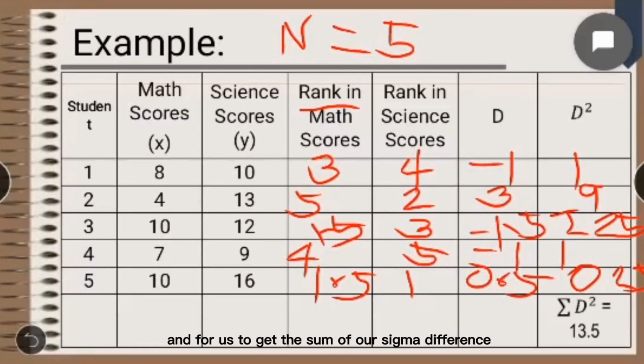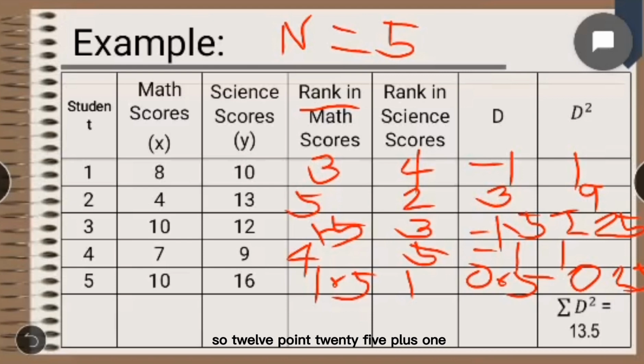And for us to get the sum of our sigma difference to the power of 2, kailangan lang natin siyang i-plus, and it is all equals to 13.5. So, 1 plus 9 is equals to 10. 10 plus 2.25 is equals to 12.25.